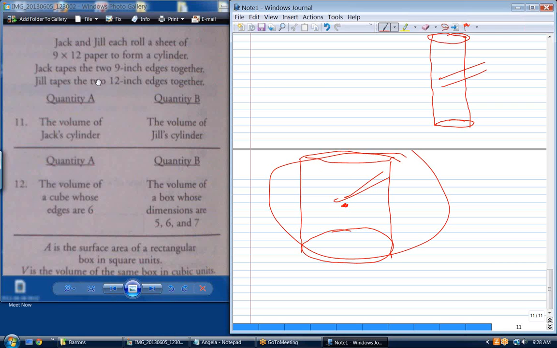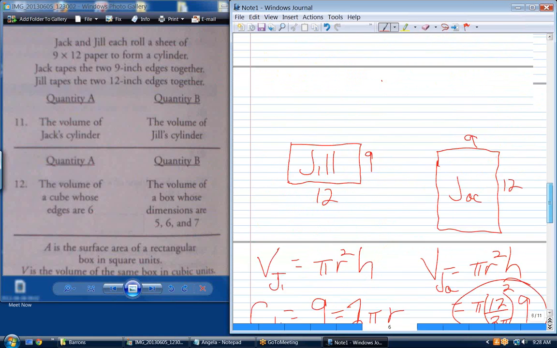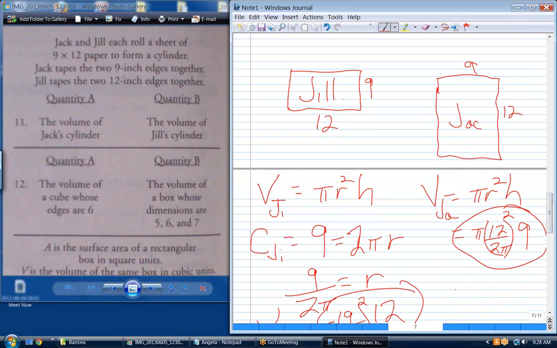So if you look at the original drawings here, you can see that this gives her a long, narrow tube. This gives him a shorter, fuller tube. So this is the one I would pick immediately, based on that.